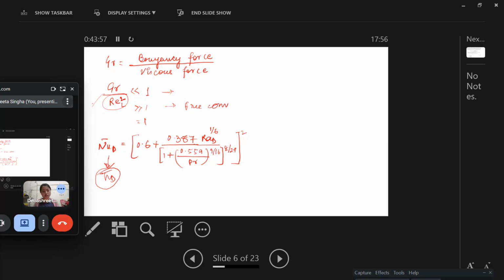And also there are some relations given here. This Ra is the Rayleigh number.